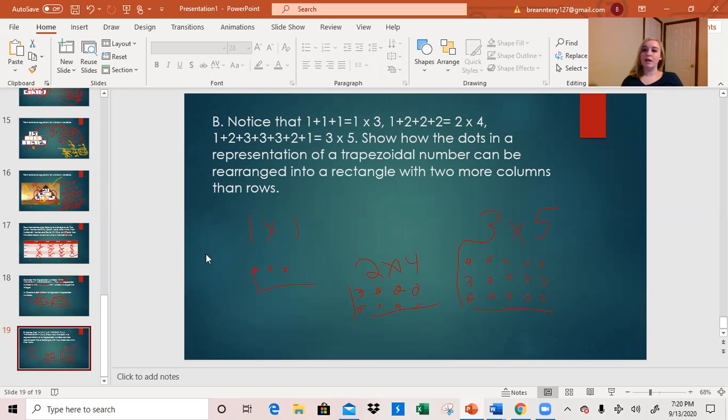We problem solve every day, but this is just showing us how we can apply it to math. And if you'll notice, pretty much all of these problems, we had to find a pattern. And finding a pattern will help us figure out what the pattern is going to look like, not just in the beginning, but way down the line. So that's really the lesson here, and I will see y'all next time. Thanks for watching.